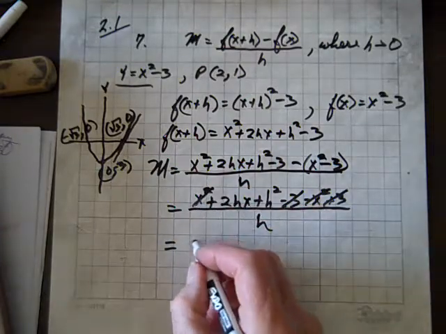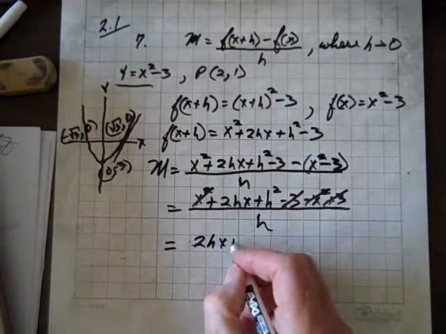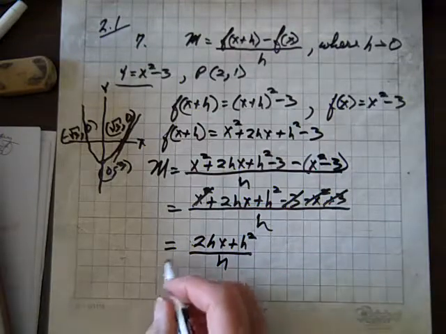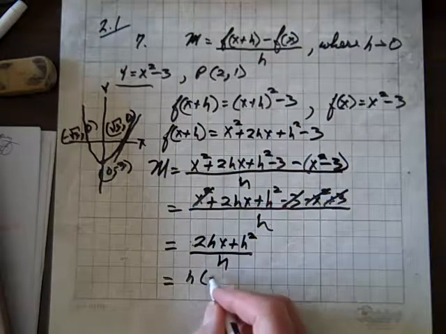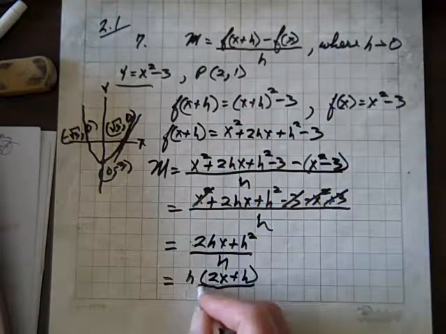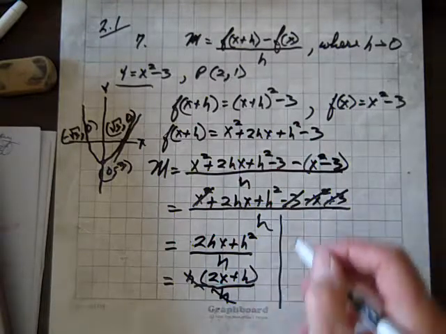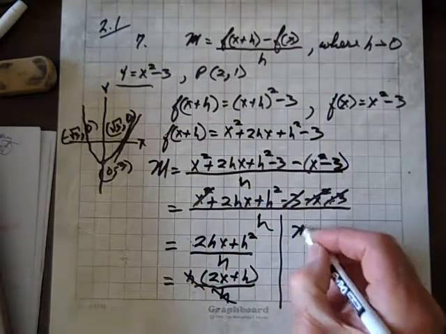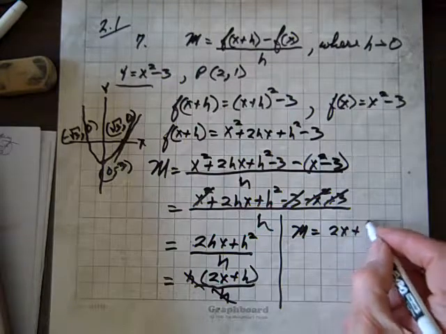And so we get 2hx plus h squared all over h. And now we'll factor an h out of each term. And we get h times (2x plus h) all over h. And these h's divide out. And now we've got m equals 2x plus h.